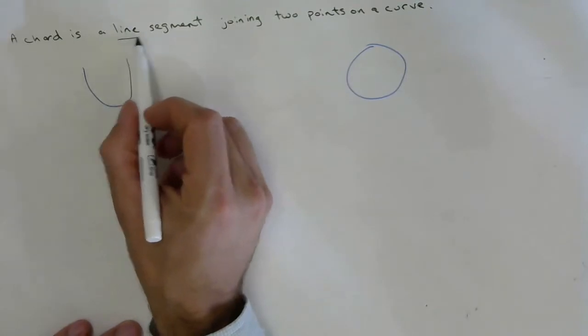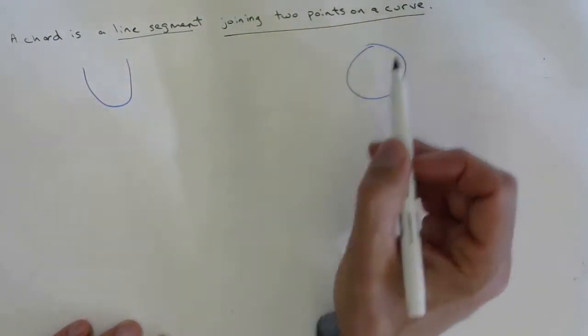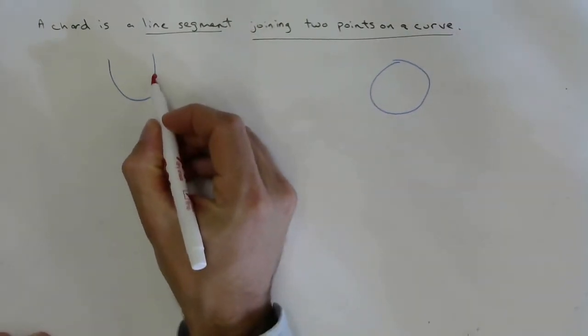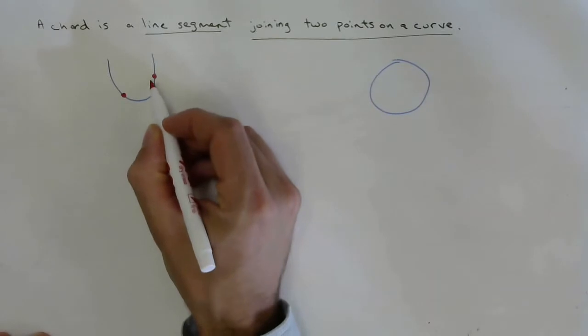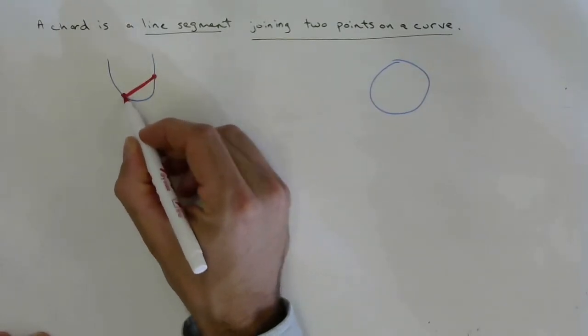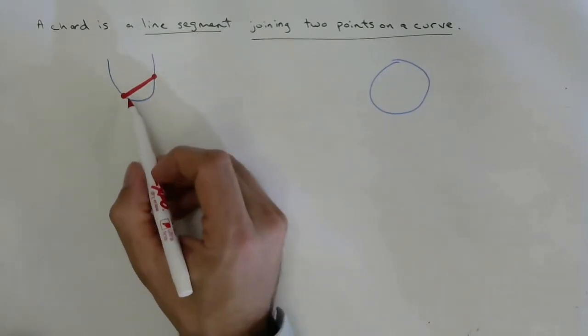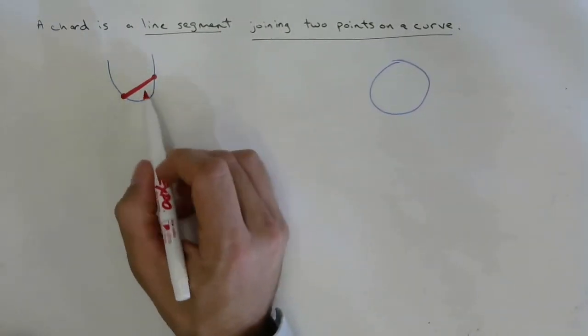It's a line segment, so it's a straight line with two endpoints, and it joins two points that are on the curve.